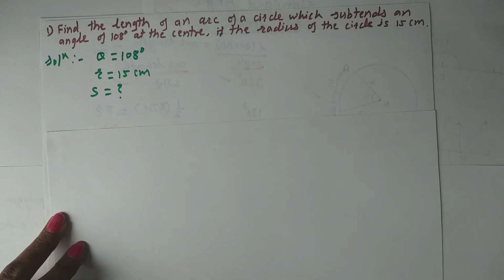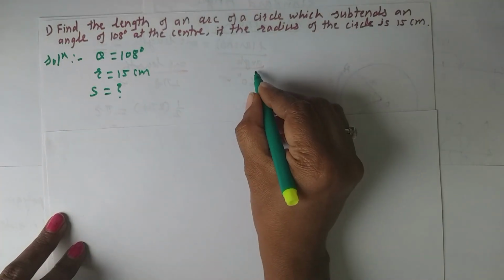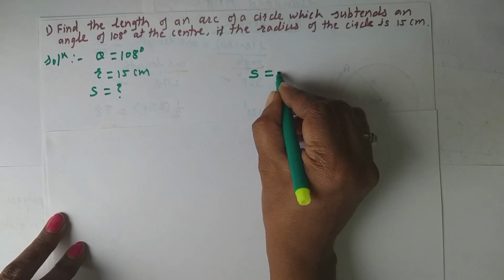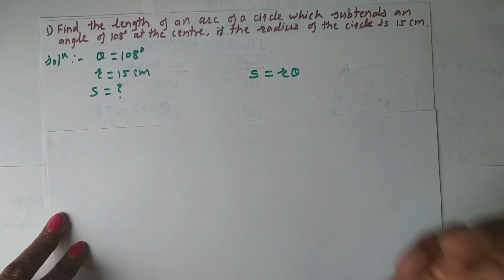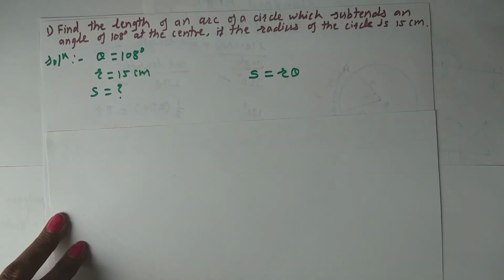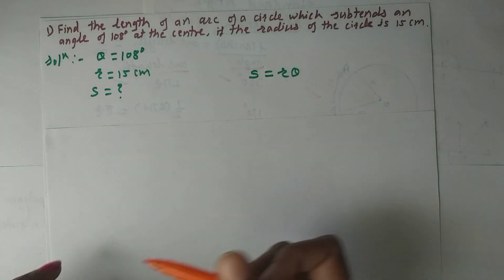Then what is the formula for arc length? Formula for arc length is S is equal to R theta. And you always remember that in the arc length, theta is always in radians. Here I have to convert this angle theta into radians.